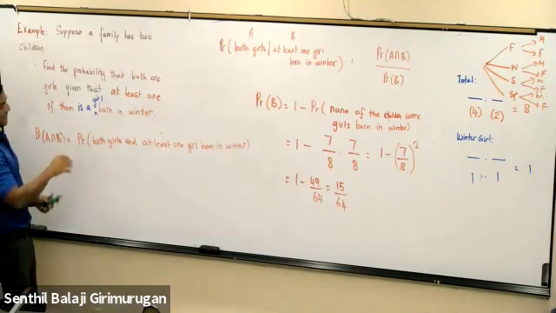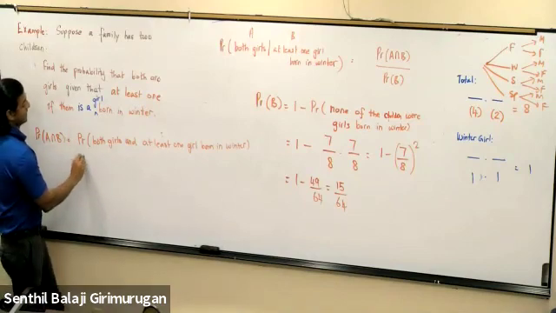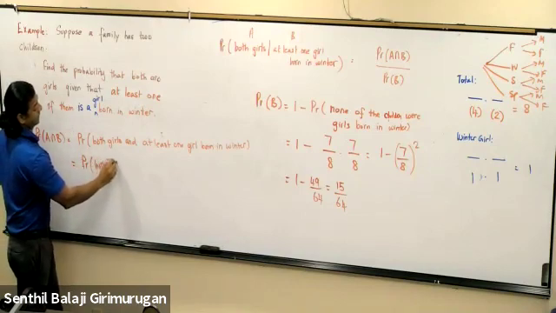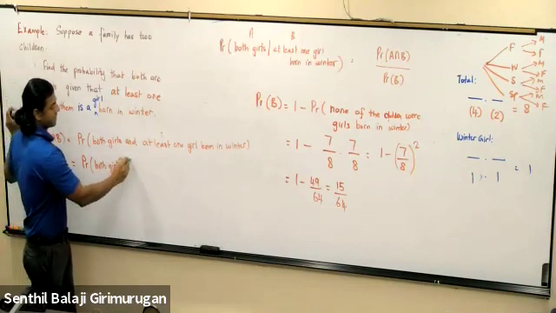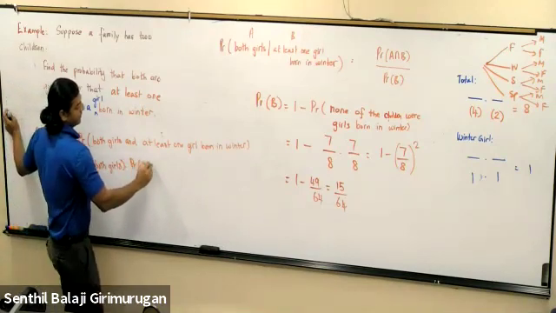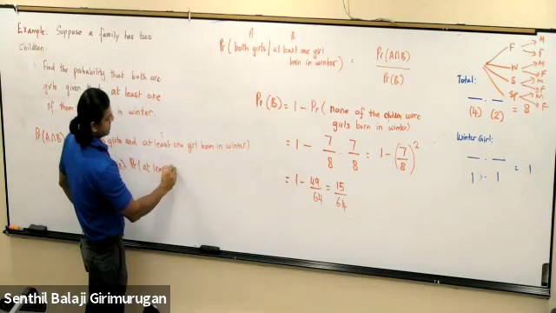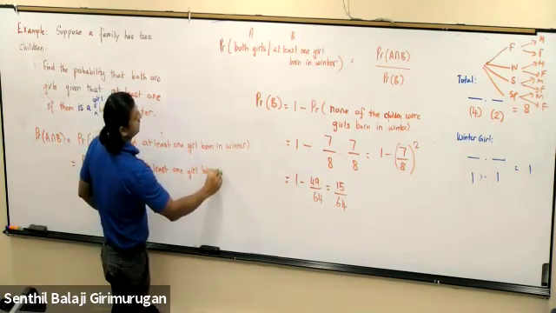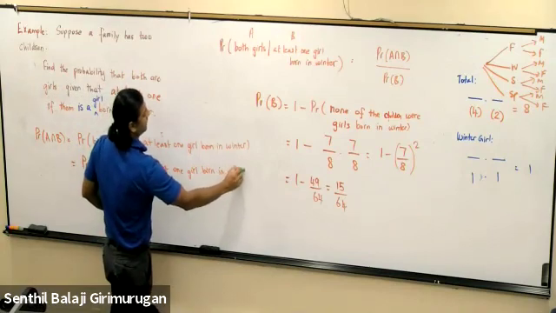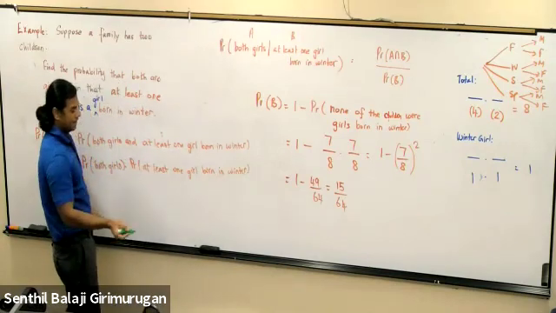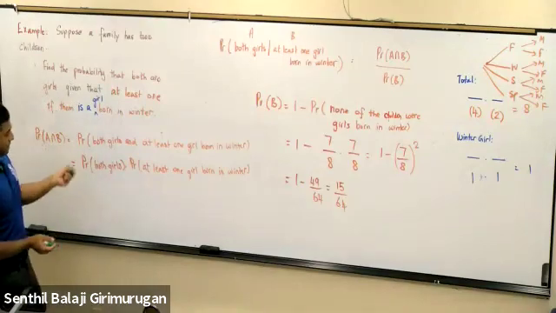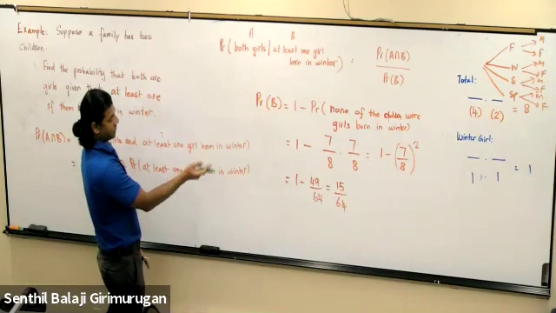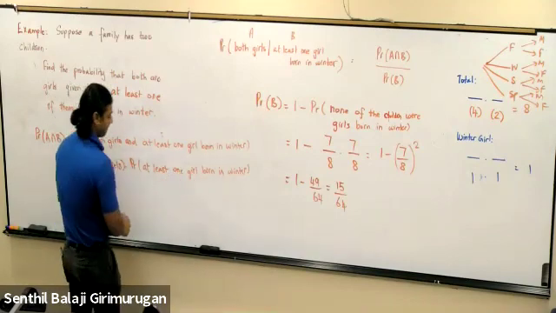So I can simply break this apart and write it as probability both girls multiplied by the probability at least one girl born in winter. Once again, since gender is independent and I know both of them are girls, I could simply say one child born in winter.